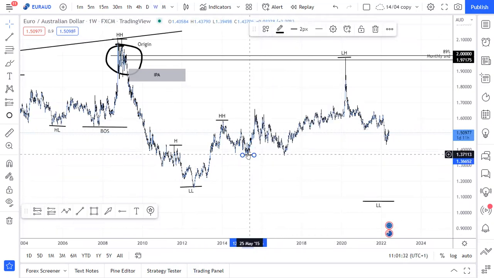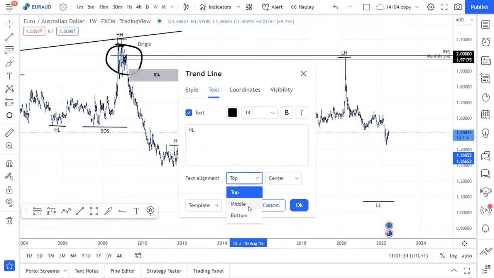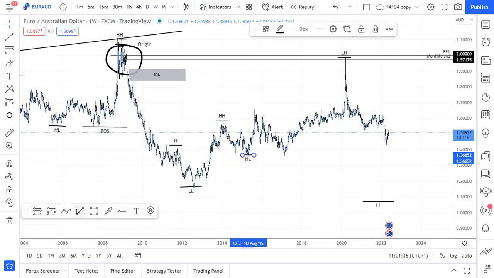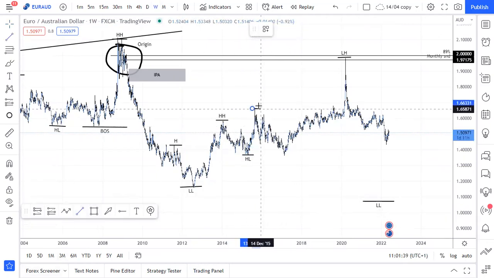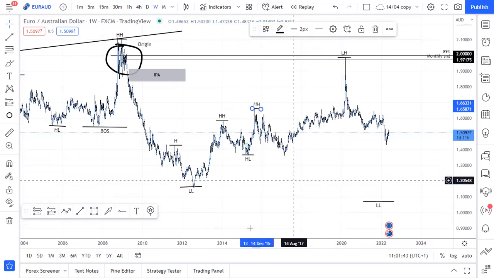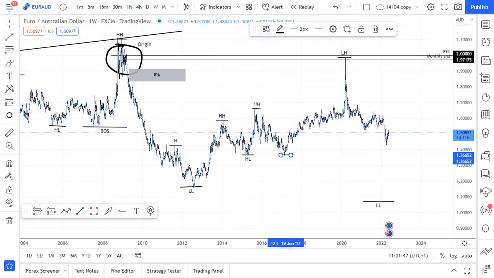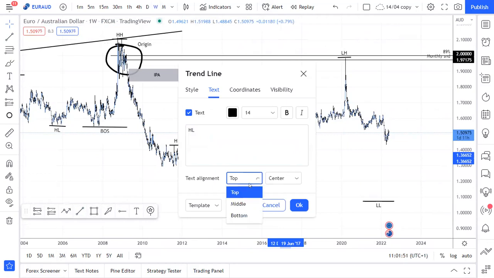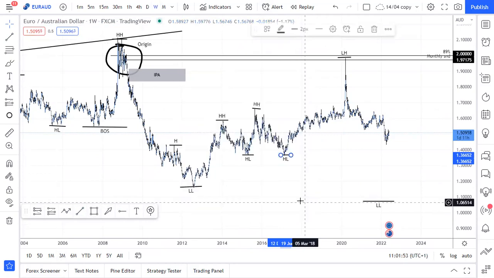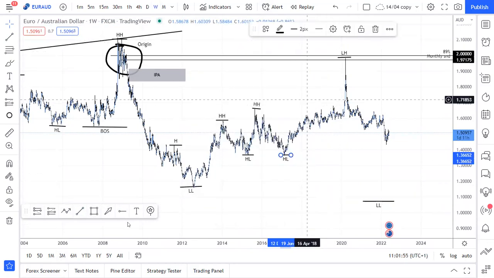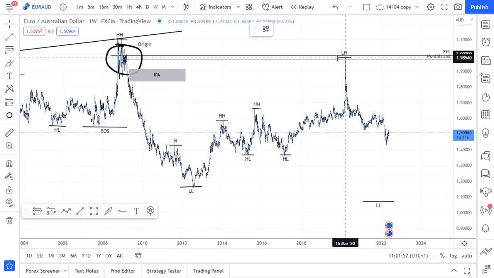High. Higher low. Like I say, it's good to have these written out to visualize it. It does help. Before we make another higher high that's up here.